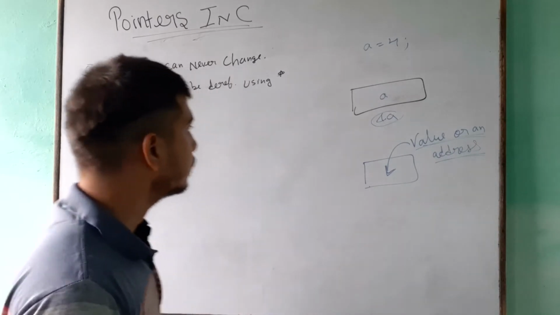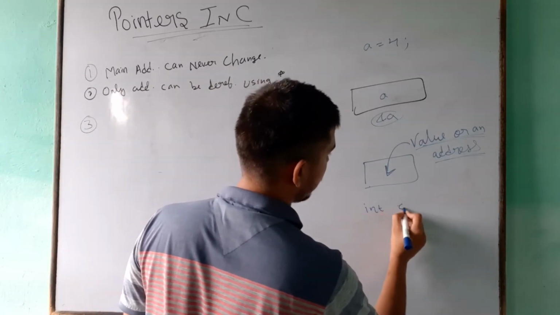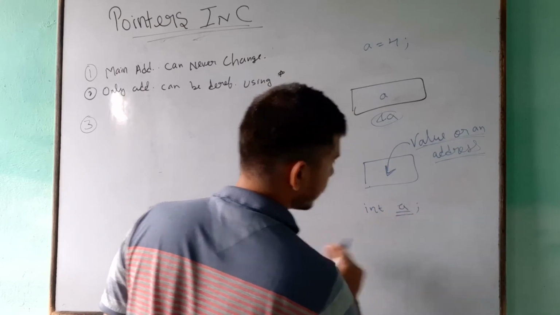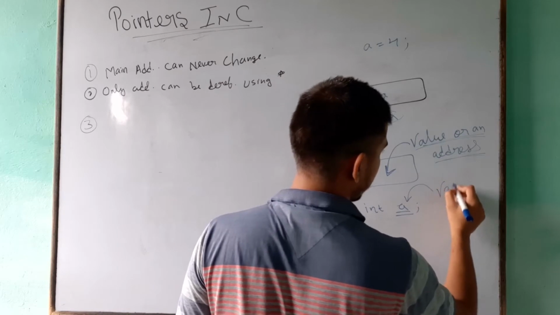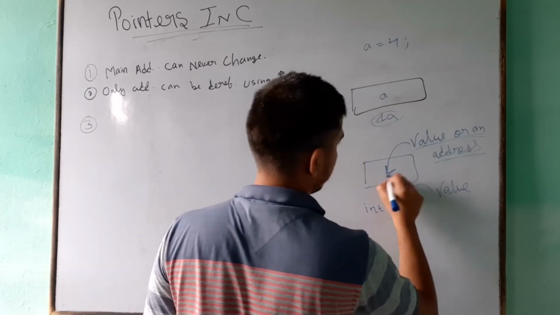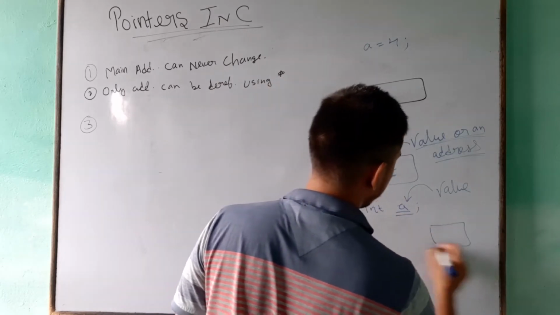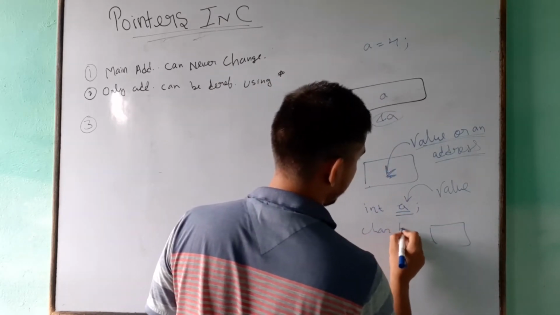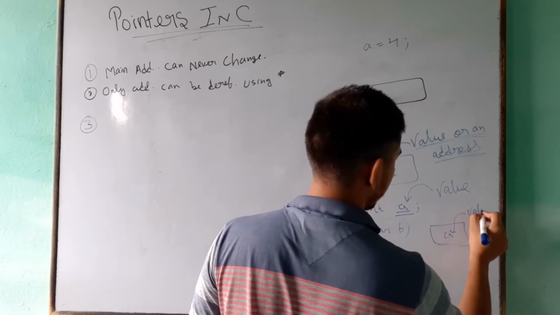So when we are talking about a normal variable, this normal variable can only hold a value here. If I am talking about normal variables like char, b, whatever, this will only be a value.